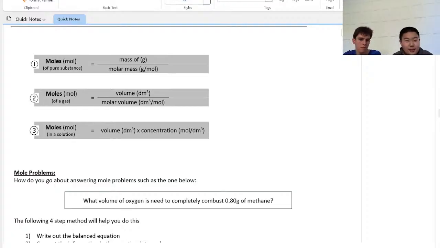The first one is that moles is the mass of the substance in grams over the molar mass, which is in grams per mole. And in order to calculate the molar mass, you need to use your periodic table and add up the relative atomic masses of all the elements.